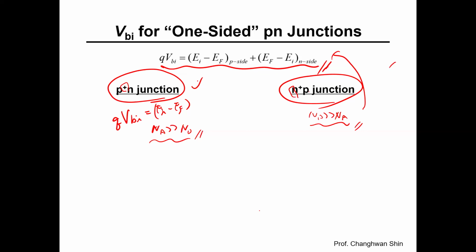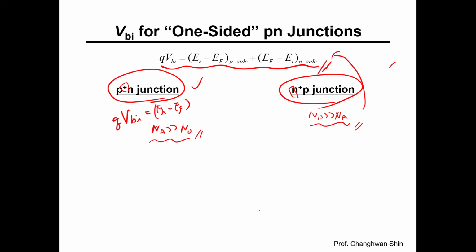The key insight for one-sided junctions is that the depletion region extends much further into the lightly doped side. This is similar to how, when a small country borders a large one, any neutral zone between them would extend much further into the larger country to balance the resources or power from both sides.